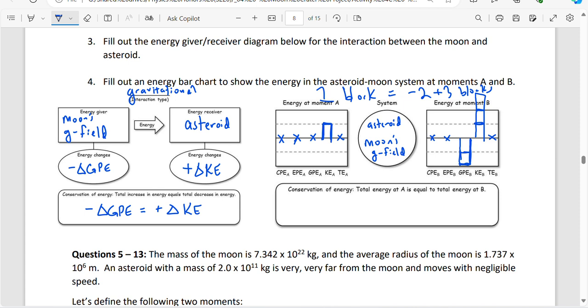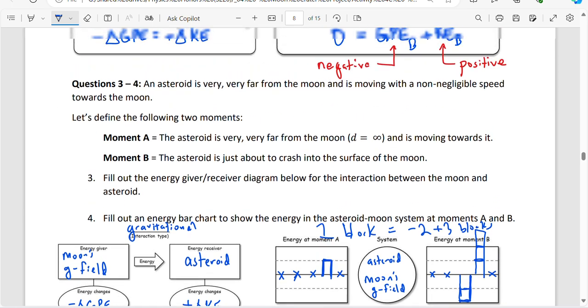As an equation, we can think about this as the kinetic energy at moment A, so we do start with some kinetic energy, is equal to the gravitational potential energy at moment B plus the kinetic energy at moment B. So here is how you would model these situations with our new idea that we have gravitational energy's reference being 0 at infinity, and then it drops from there as you get closer. That's the main idea.